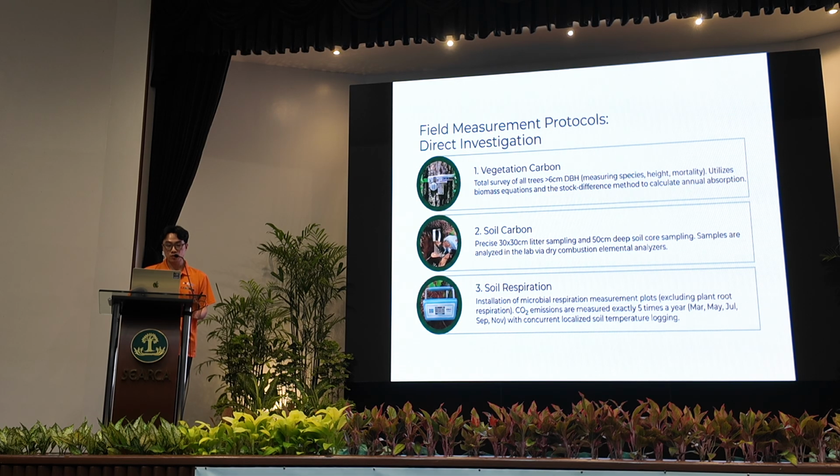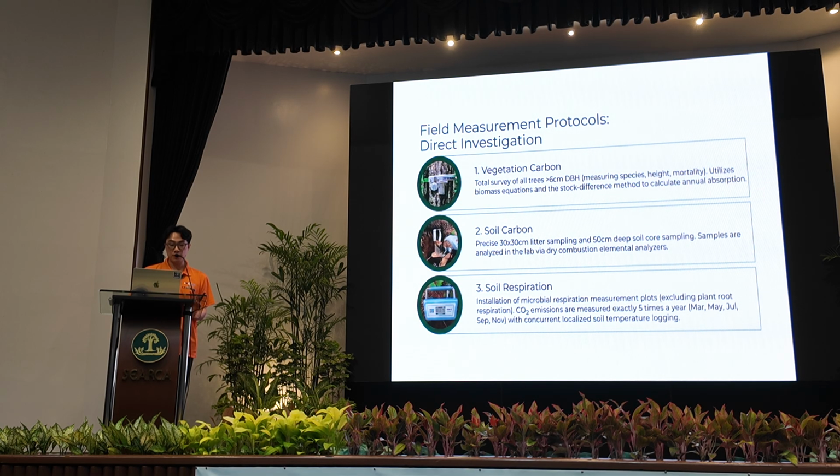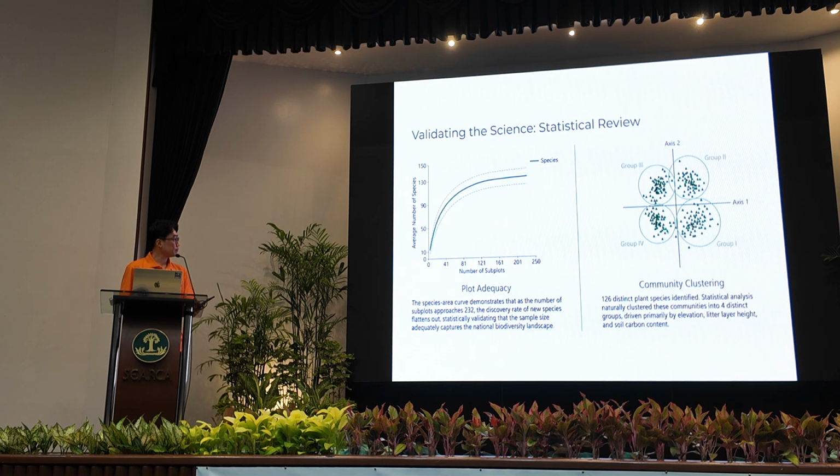Number three, soil respiration. We measure CO2 emissions 5 times a year in March, May, July, September, and November. We record soil temperature concurrently. And we review the data statistically.